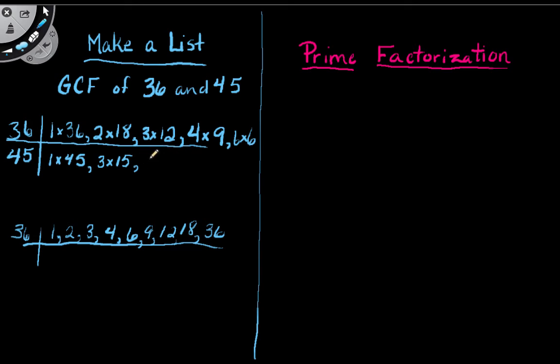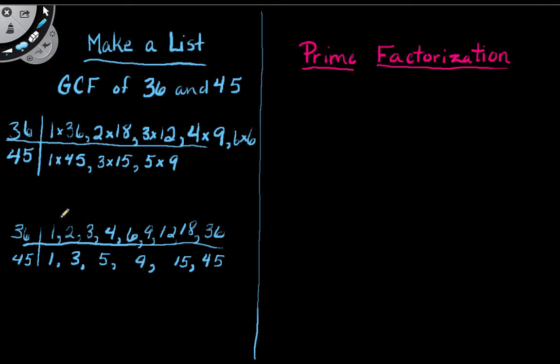We also have 5 times 9, and that's actually it for 45. So let's make our list down here. We have 1 times 45, 3 times 15, and 5 times 9.